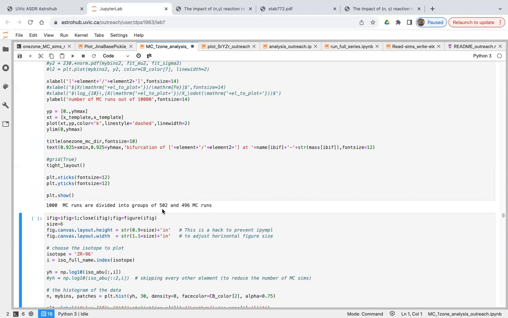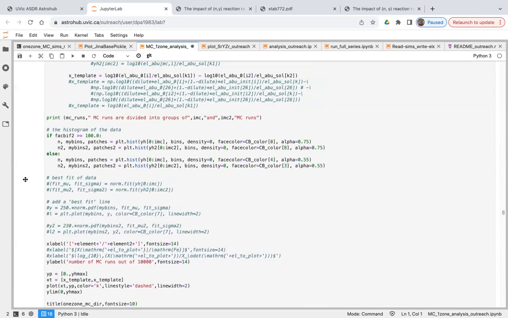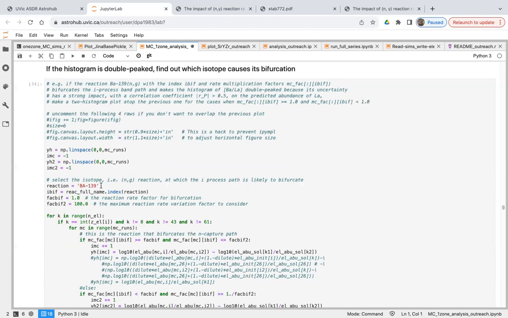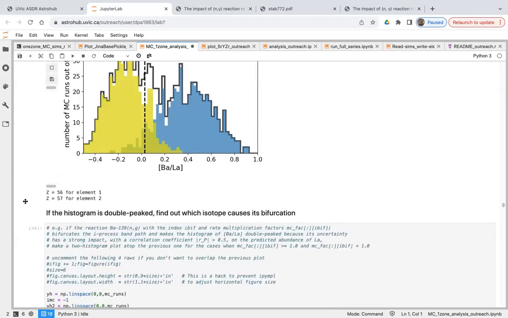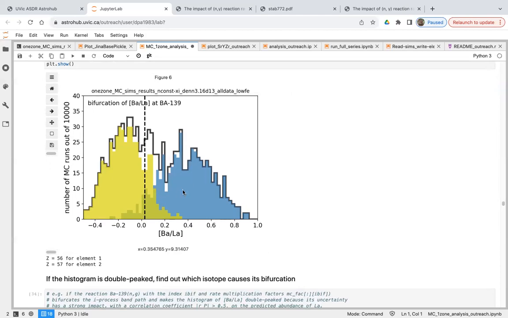In one of these subsamples, we make a plot for the case when multiplication factors for, in this case, barium-139 and gamma rays are all smaller than 1. And in the second group, multiplication factors for this rate, barium-139 and gamma, are all larger than 1. And this reveals this bifurcation.